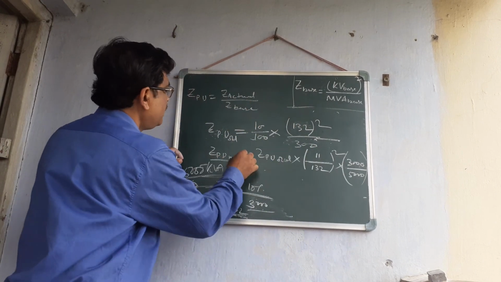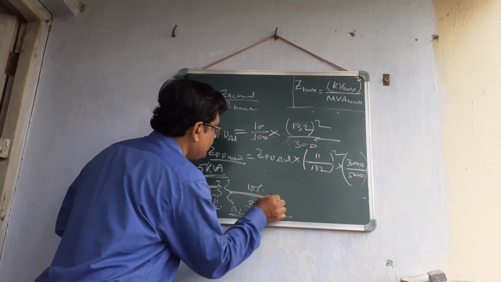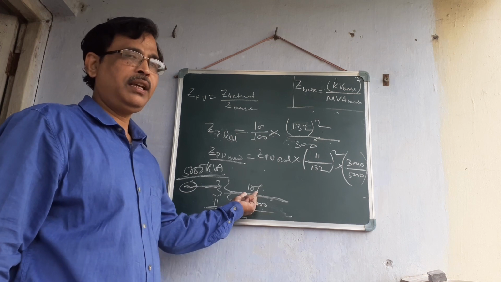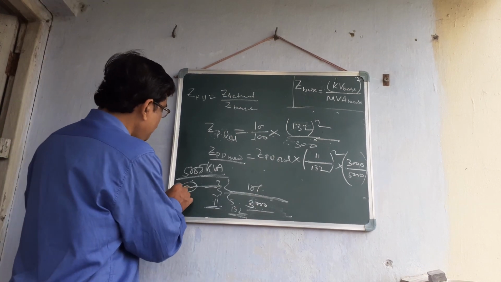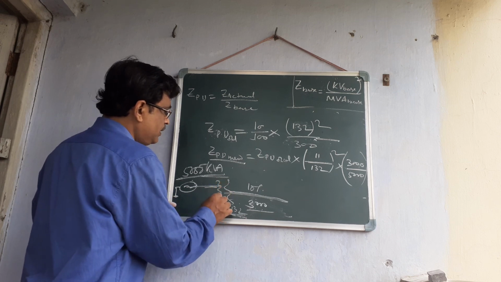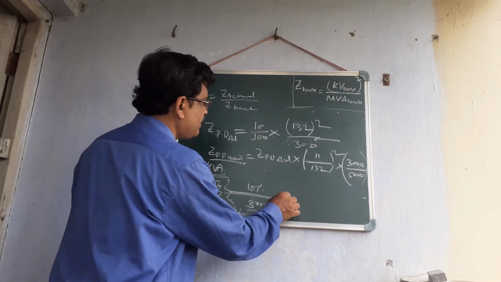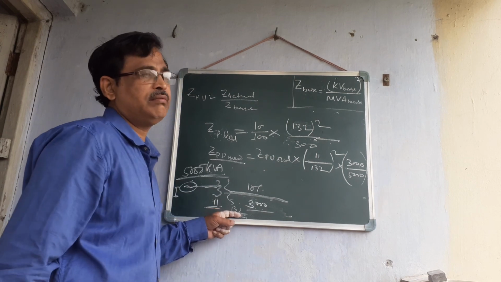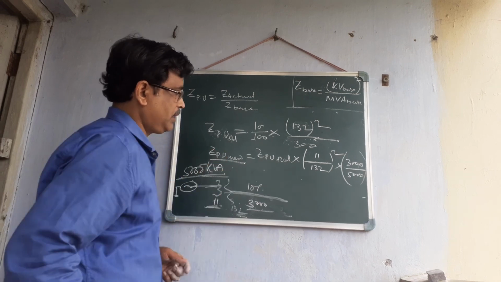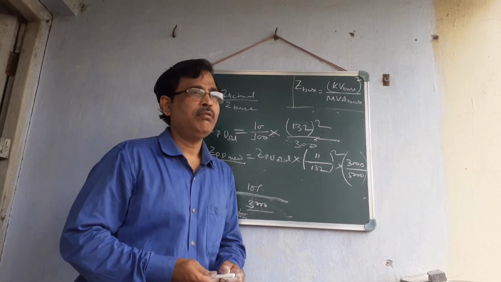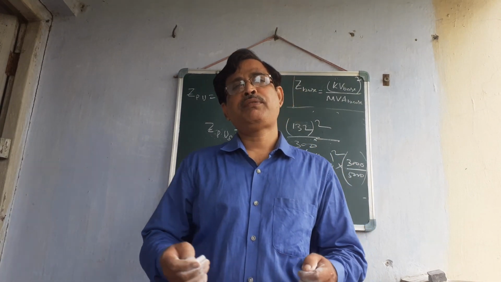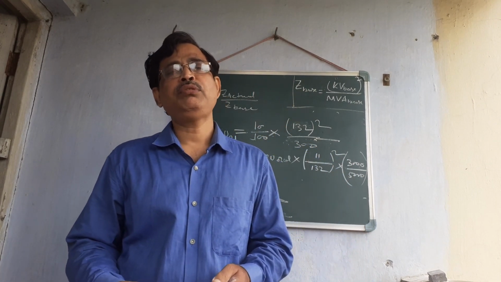From these we will get the Z per unit, so the Z per unit will be converted. Clear? So if the voltage here is 11 kV, the voltage in this case is another thing, because of transformer action. Now we will take a few more example problems and try to solve them.